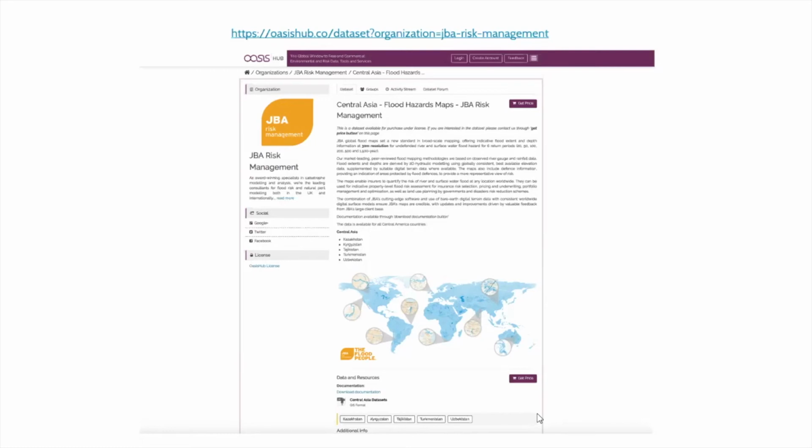Then we use a number of methods to intersect that with our exposure to develop the risk side of things. That usually takes into account the vulnerability of the properties or the people or anything that's at risk from the flooding. The risk can then be calculated either deterministically or probabilistically using a flood catastrophe model.